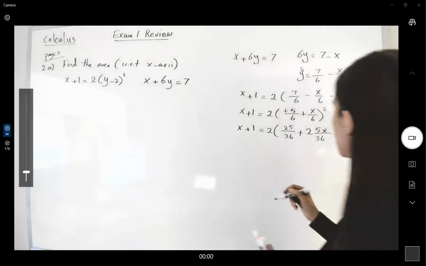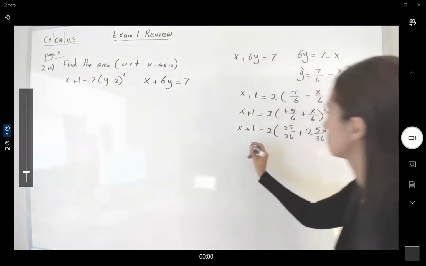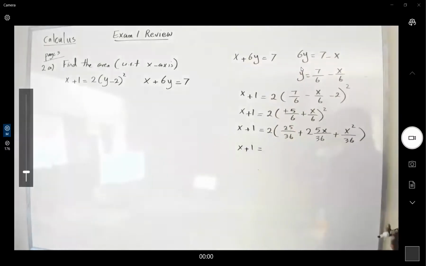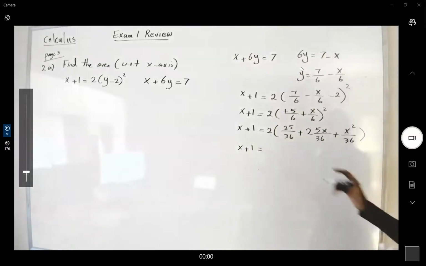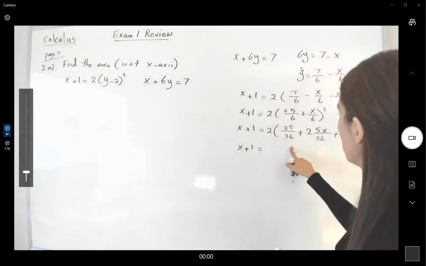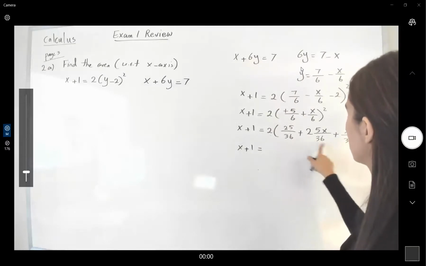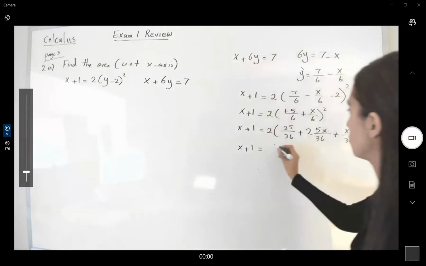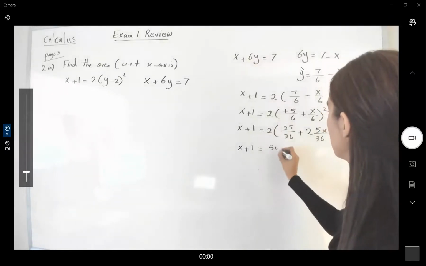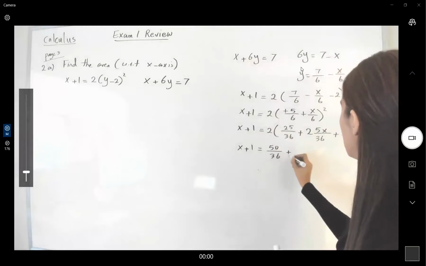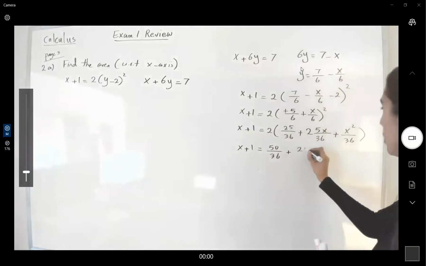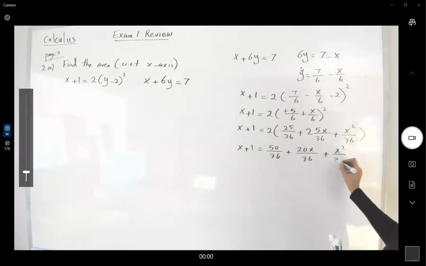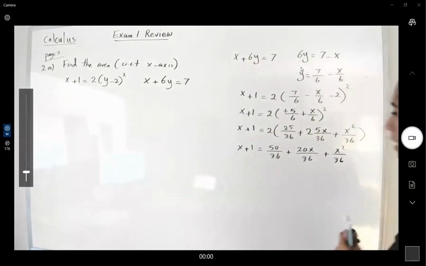Let's simplify this as much as we can. If I take this denominator and multiply it by the other side, it makes it a little bit easier. So I'm going to multiply these two: 50 divided by 36 plus 20x divided by 36 plus x squared divided by 36 equals x plus 1.